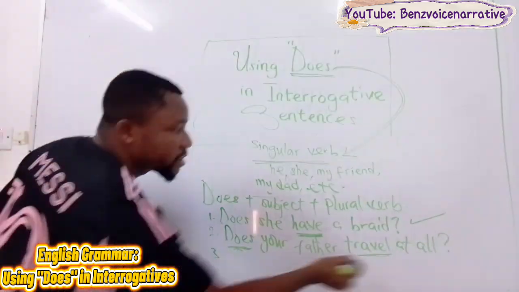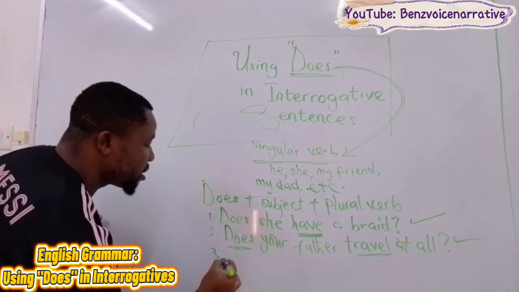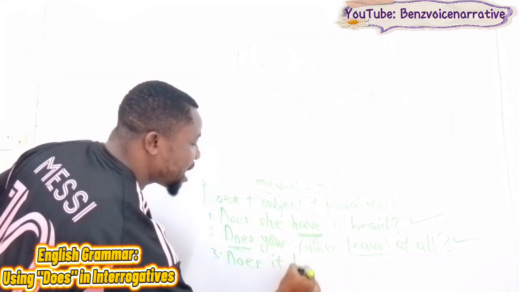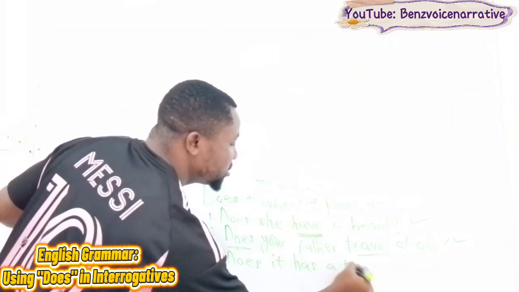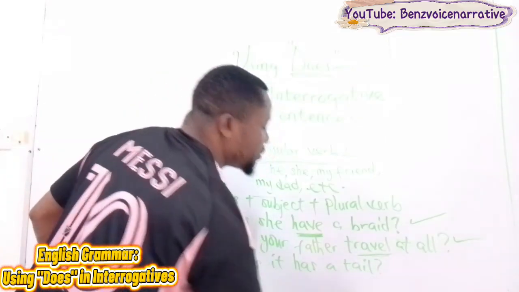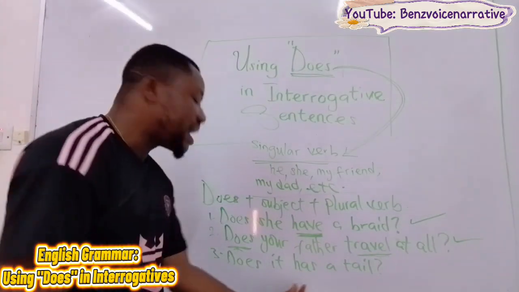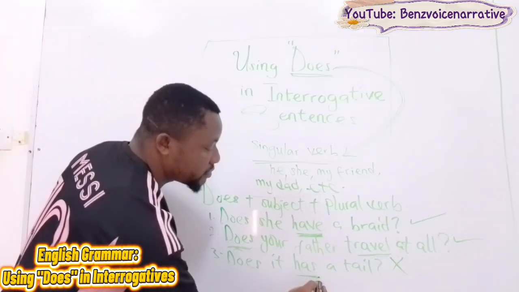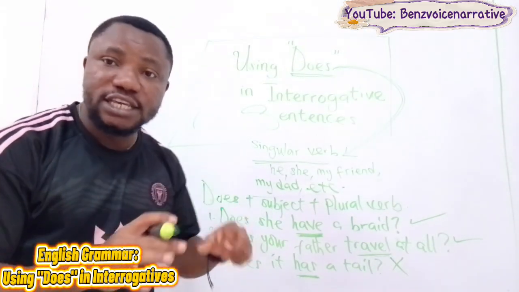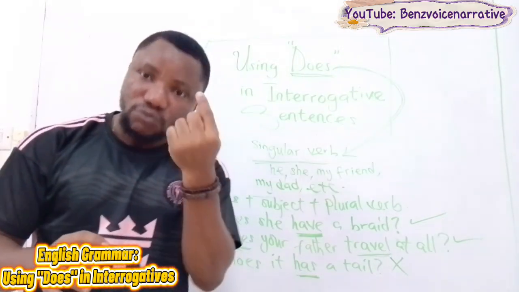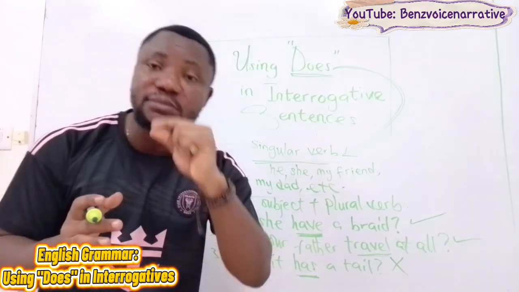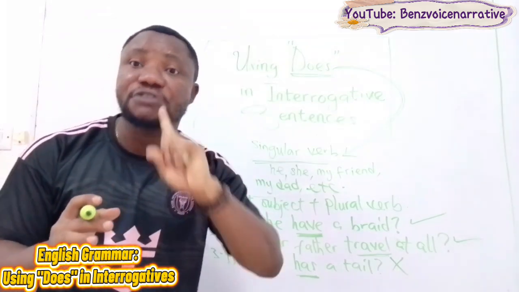Number 3. If I have something like, does it has a tail? This expression is wrong. Why? It's because of the presence of this has. Normally, we use has with a singular subject, one item, one individual, one thing.